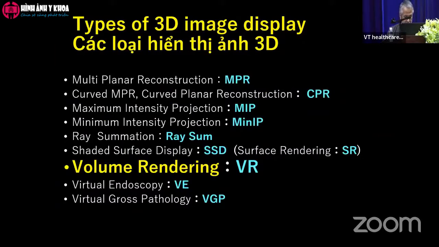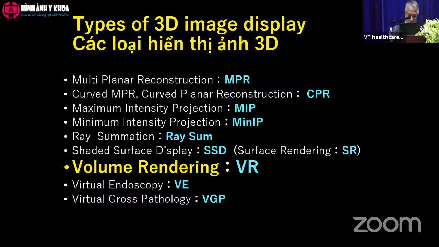Now, the types of 3D image. The display shown here is currently the most commonly used, volume rendering, VR. Others are MPR, CPR, MIP, minimum IP, and RaySum, which are two-dimensional displays.